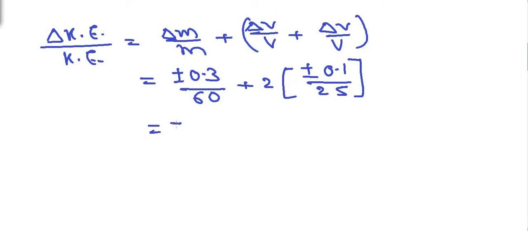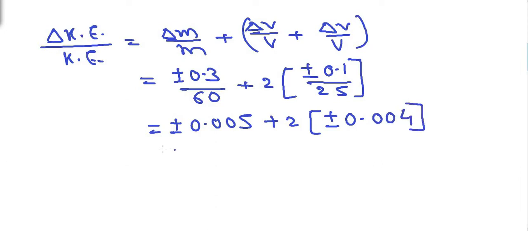That is equal to plus or minus 0.3 upon 60, which is 0.005, plus 2 into plus or minus 0.1 upon 25, which is 0.004. So that is equal to plus or minus 0.005 plus, multiplying inside by 2, so plus or minus 0.008.